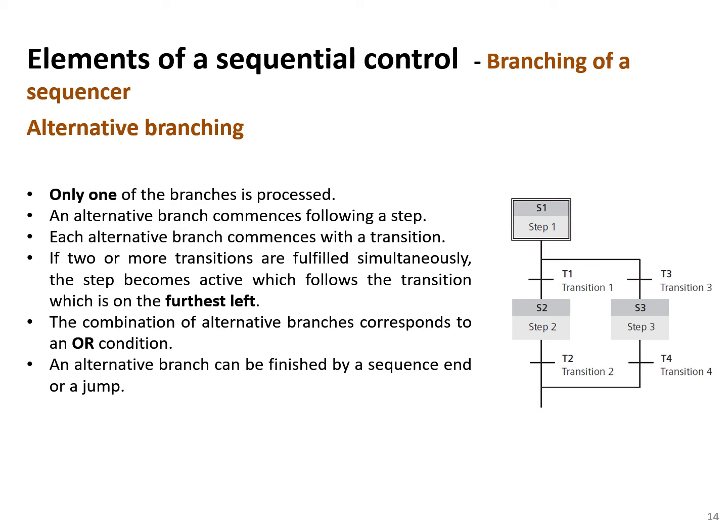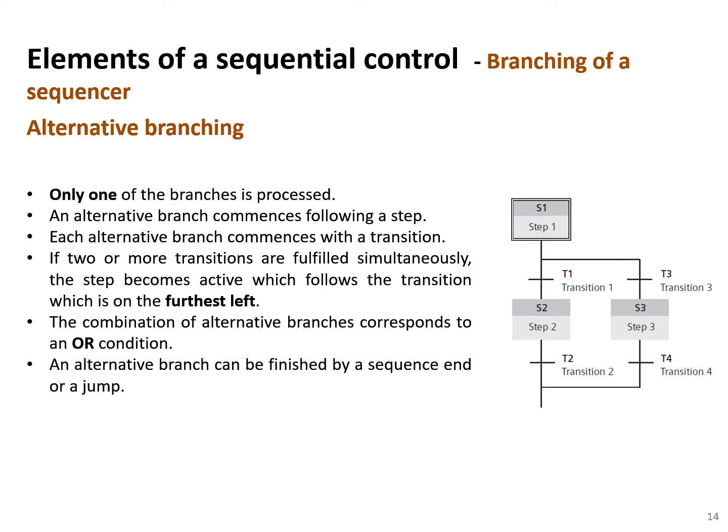So when it comes to transitions, if this transition is false, for example, and this one is true, then this branch will be executed. But what if both of these transitions are true? Then the program will only execute the one on the furthest left, and this is the one. Okay, so the first branch will be executed and the next one will be ignored.